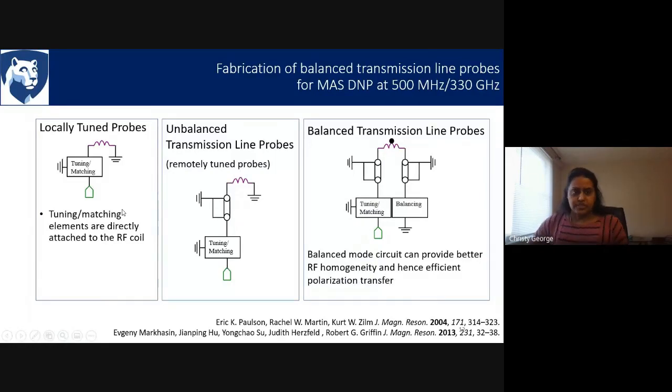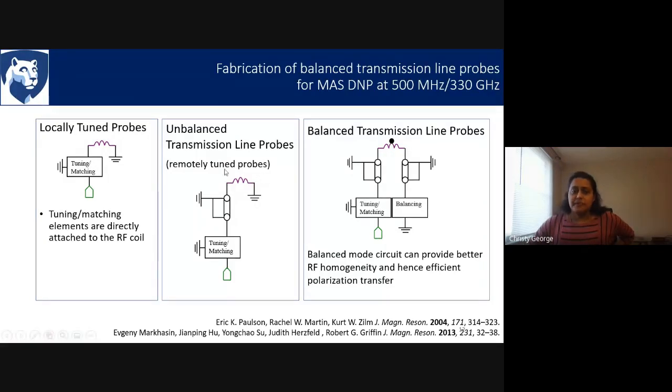Now, whether a probe is locally tuned or remotely tuned, we can classify them into two other types also, balanced or unbalanced. What we mean by a balanced transmission line probe is that we will have an impedance node or a current maximum at the center of the RF coil. This is important for getting good RF homogeneity throughout the NMR coil and to do efficient polarization transfer in a magic angle spinning CP MAS experiment.